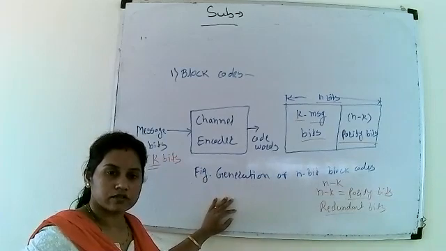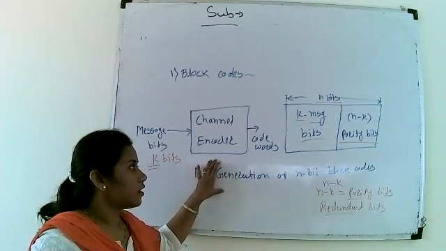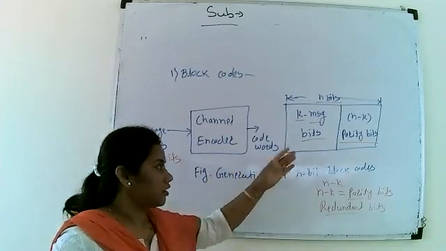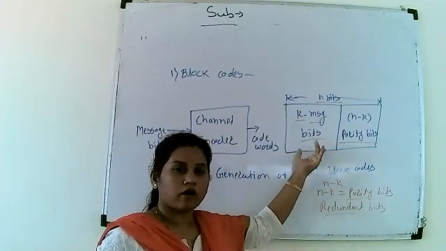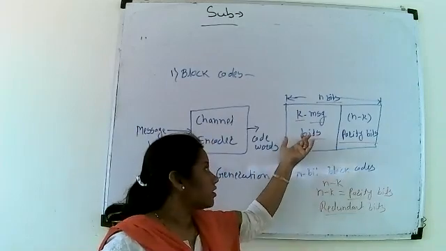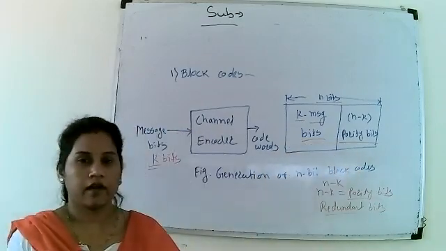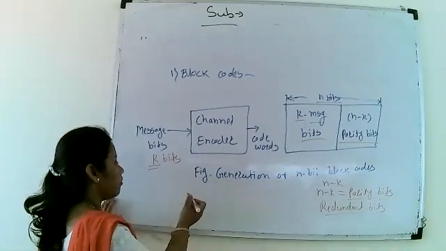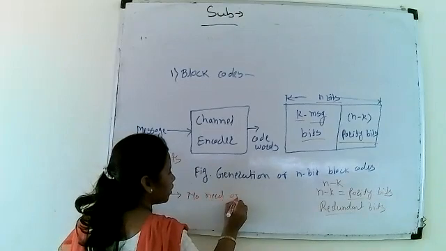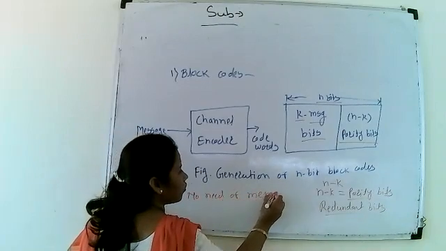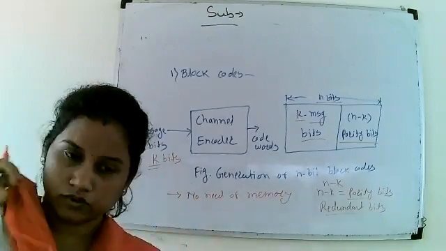Why is it called a block code? Because the given message is added with the redundant or parity bits, so they form a block of n bits having k message bits and n minus k redundant parity bits. And remember one thing regarding block code: there is no need of memory.